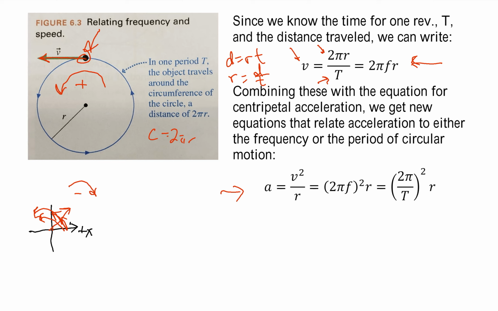But now if I substitute using the frequency equation from up above, we have acceleration equals 2 pi frequency squared times r, after we simplify a little bit. Or I have this guy, acceleration equals 2 pi over the period squared times r. Okay, so now we have three formulas to find the acceleration. We can use all three of them depending on which information it is that we have in the problem at hand.